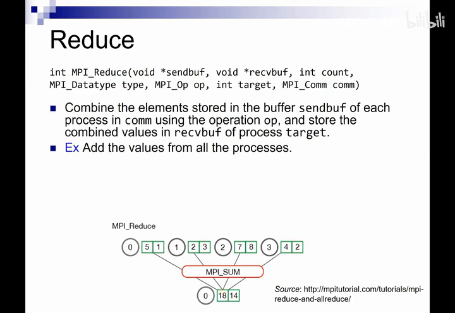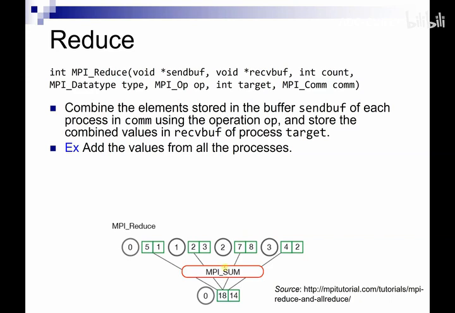And when I collect this data, I can choose to process the data in different ways. Here, maybe I want to sum all the data. Every process has a vector, and when I call this MPI reduce with the sum function, I'm going to add up the values from all of the different processes in their vectors.